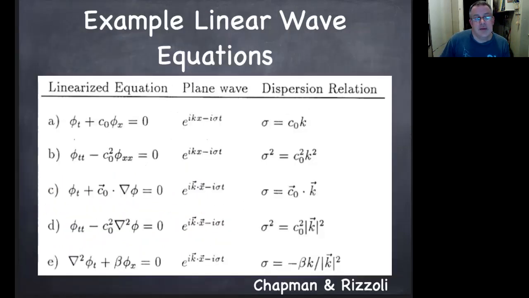The wave equation we talked about, this first one and second one, are not the only wave equations. We could have ones that are appropriate for 2D or 3D, like these next ones below, or in fact this crazy one in line E is actually the Rossby wave equation, and we'll have a sense of that, but you can see beta is the planetary beta, and there's a Laplacian in here which seems to be in totally the wrong place, but it still has a dispersion relation, sigma equals minus beta k over k squared, that sort of looks like the other ones.